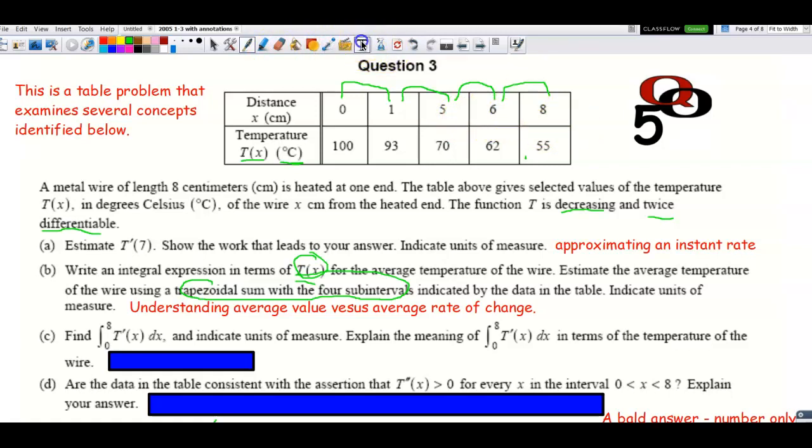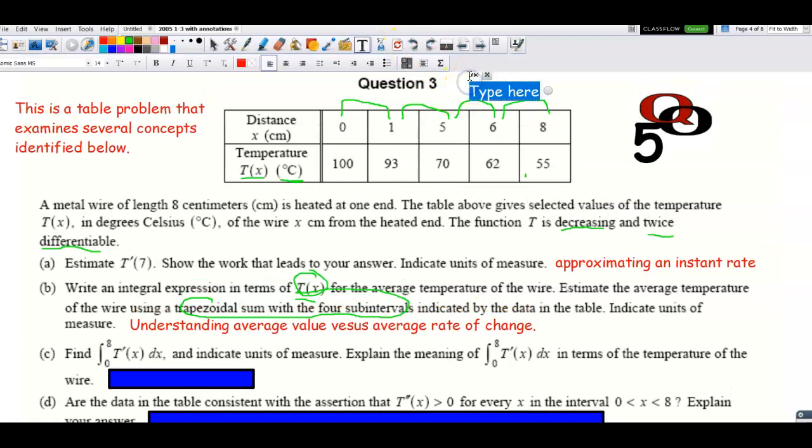Remember that you always begin trapezoids by remembering the formula for the area of a trapezoid, which is equal to 1/2 the height times the sum of the bases, B1 plus B2. You know the formula. 1/2 height, base 1, base 2.